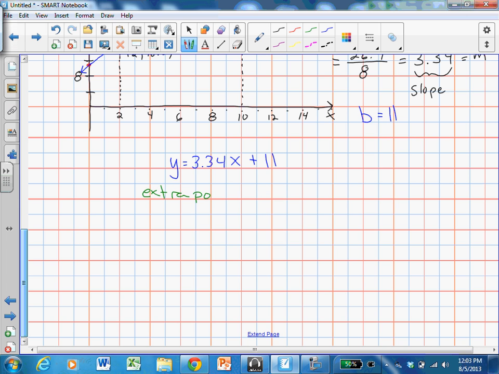And if we did that, we would use our model to look at it, and we would get a y value of 3.34 times 20 plus 11, which is 77.8. Outside our data range, extrapolation.